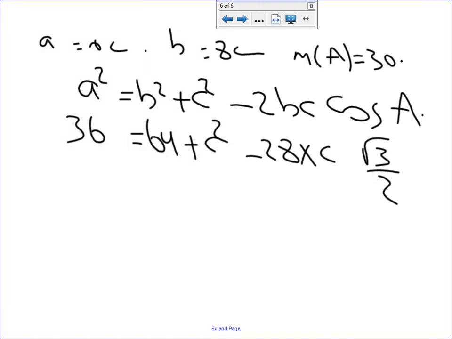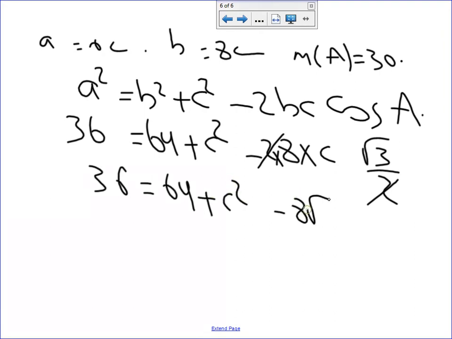Simplifying, 36 equals 64 plus C squared minus 8 root 3 C.